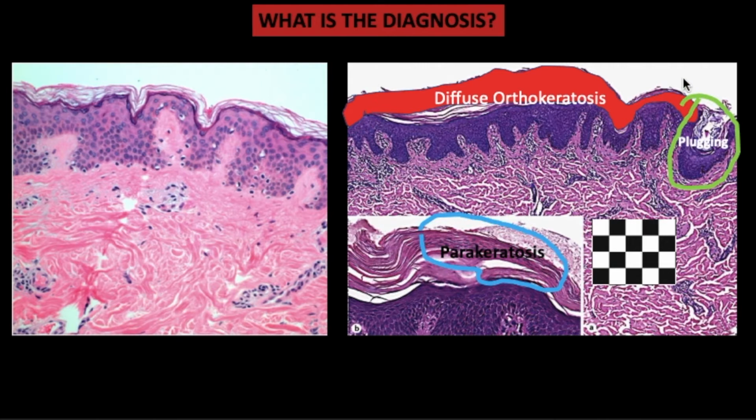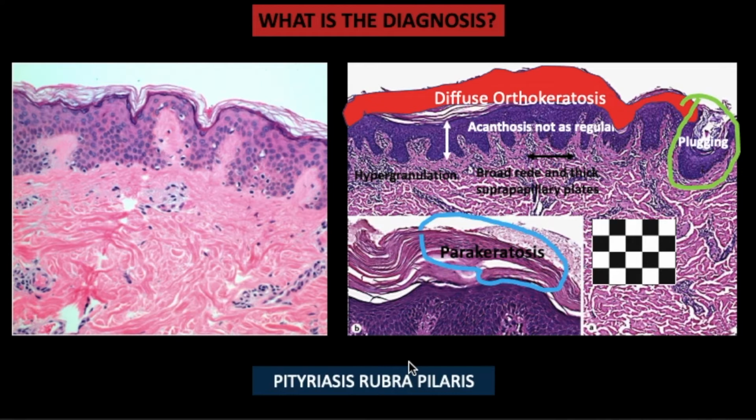We also have plugging in the hair follicle unit along with acanthosis, but the acanthosis here is not as regular as we see in psoriasis. Also the plate of the rete is broad, and the suprapapillary plate is also thick. In addition, we see hypergranulosis, or hypergranulation. So this is PRP, or pityriasis rubra pilaris.